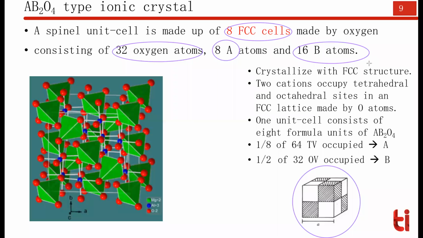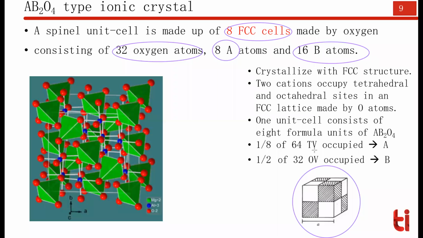So out of the 64, I have to fill only 8 tetrahedral sites. So each of these subunit cells contains only one A site occupied. Is it clear?